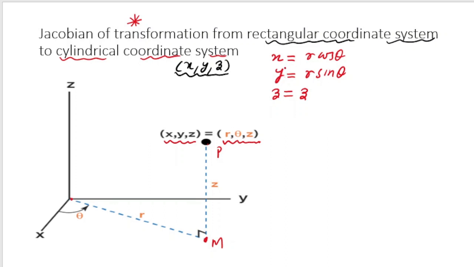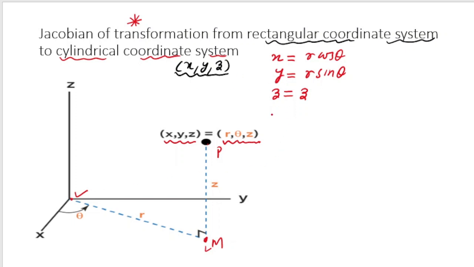So x, y, z is changed into r, theta and z, where r is the distance of the foot of the perpendicular of the point from the origin, and theta is the angle that the line joining the foot of the perpendicular to the origin is making with the x-axis.